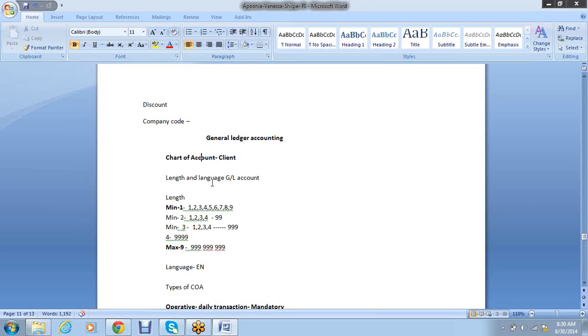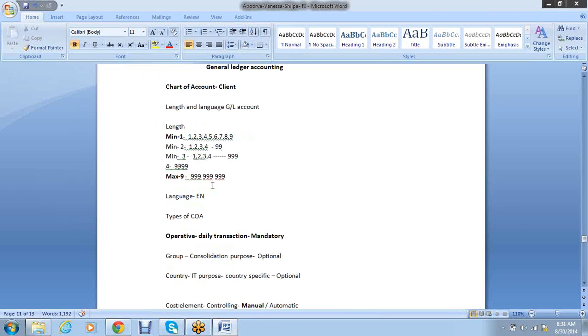Then the type of chart of account: we have three types, operative chart of accounts, group chart of accounts and country chart of accounts. Operative chart of account is to record your daily transactions from which you prepare the profit and loss account and balance sheet, and it is mandatory to have one. Then group chart of account is for the consolidation report at company level, and it is optional. Country is for country-specific income tax purposes, again optional.